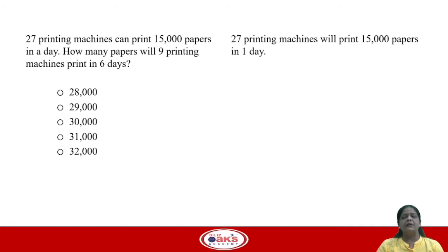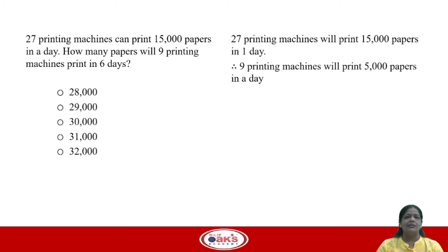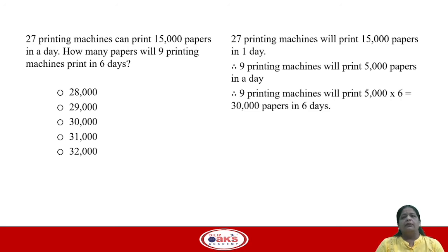So the papers printed will also reduce to 1/3, which means 9 printing machines will print 5,000 papers in a day. Now the question is asking us in 6 days, what is the output? So 9 printing machines will print 5,000 into 6, that is 30,000 papers in 6 days. So we are going to select the third option, which is 30,000.